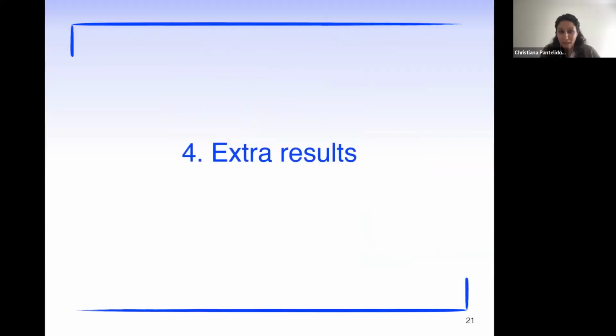Okay. Now this was the main computation that we did. We were fortunate enough that, and I'm running very late, we actually got some extra results for free.